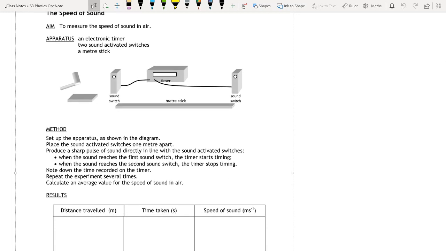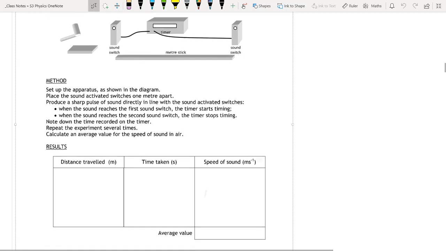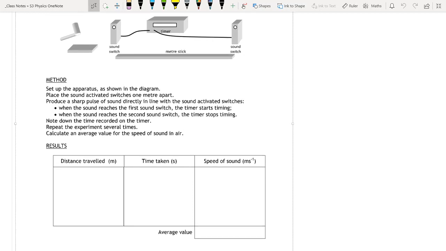What we do is we change the distance and we measure the time. So we'll make the distance smaller, and then we'll measure the time it takes to go from one to the next. Then we can work out the speed of sound from those values by doing our normal speed equation. Remember the speed equation? Speed equals, yep. For the speed of sound, we need to do distance divided by time.